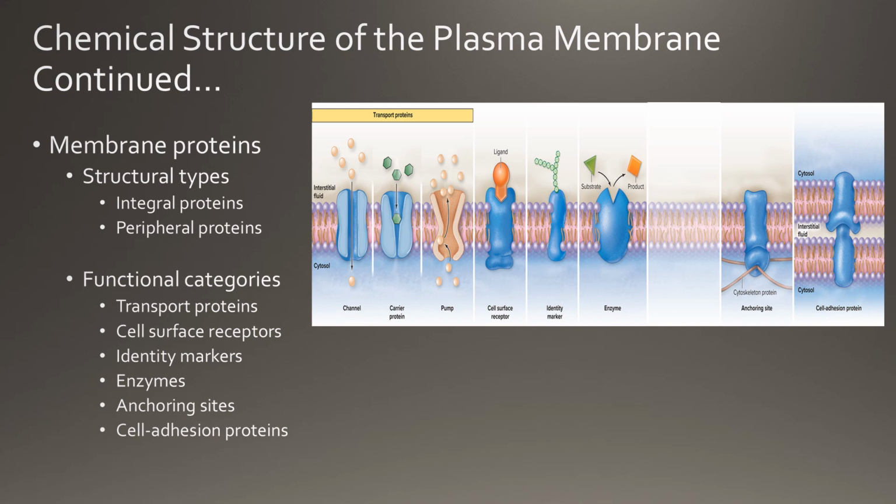Identity markers communicate cell belongingness. Enzymes catalyze chemical reactions either internally or externally. Anchoring sites secure the cytoskeleton to the plasma membrane. Cell adhesion proteins facilitate cell-to-cell attachments, forming membrane junctions with various functions.